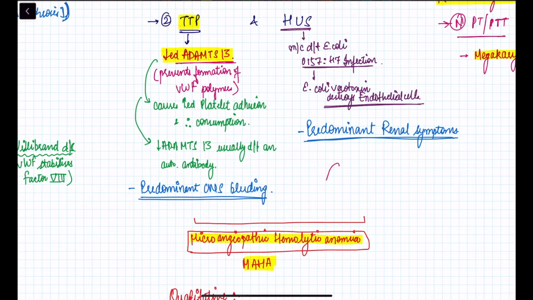So the RBC will be of this shape. So it is also called helmet cells or schistocytes. Alright, let's continue.